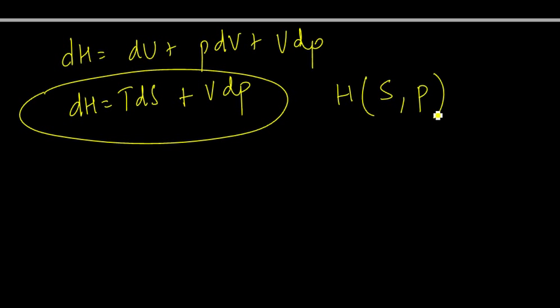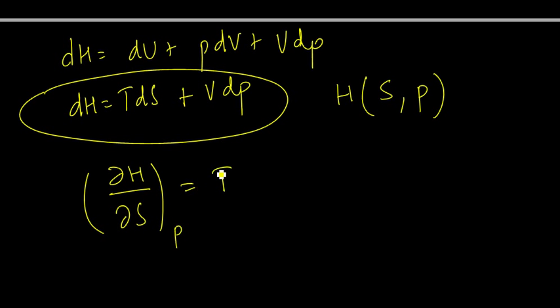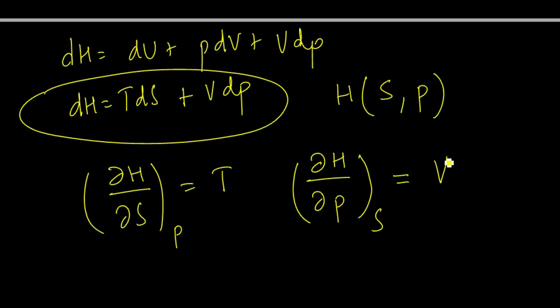And then I can easily identify del H by del S at constant pressure is equal to temperature, and del H by del P at constant entropy should be equal to volume. Everything clear? Great.